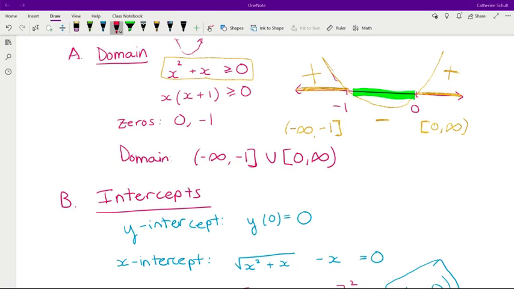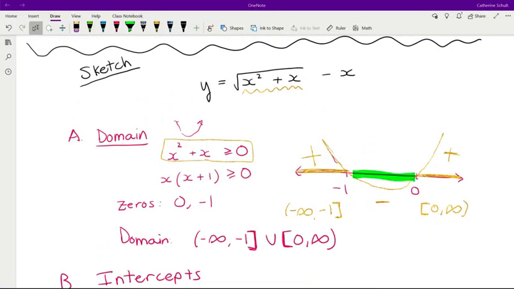Our domain is a closed interval. Notice at 0, if we were to plug in 0, we would get 0. If we were to plug in negative 1, we get 1 minus 1, that's 0, minus negative 1. We would get positive 1. So we don't have any asymptotes at the endpoints of our domain.